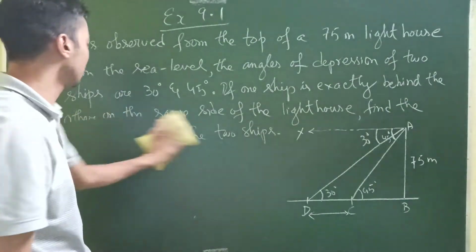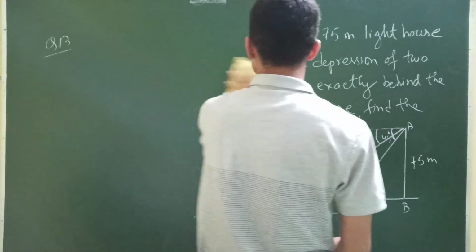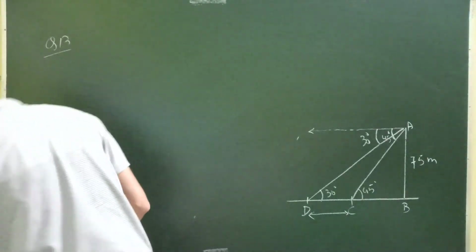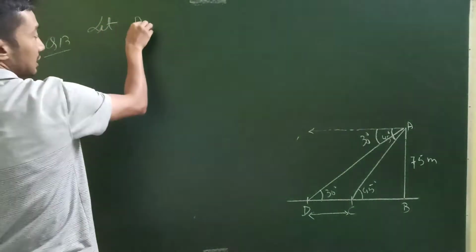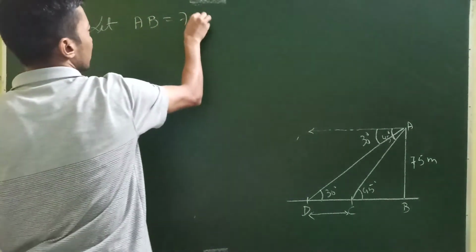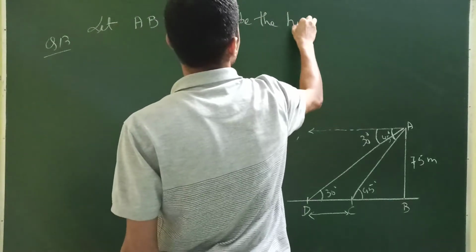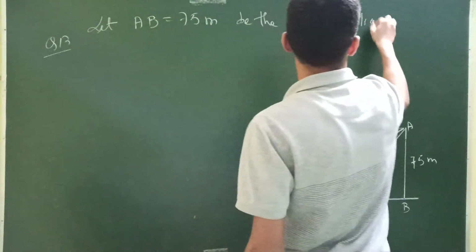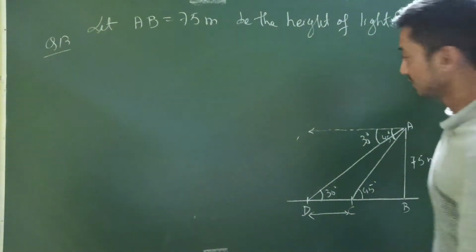So I'm just going to rub this off. Since our diagram is perfectly drawn, we are not going to waste much time with the introduction part. Let's just write down some of the basic things, that is, let AB, which is equal to 75 meter, be the height of lighthouse.